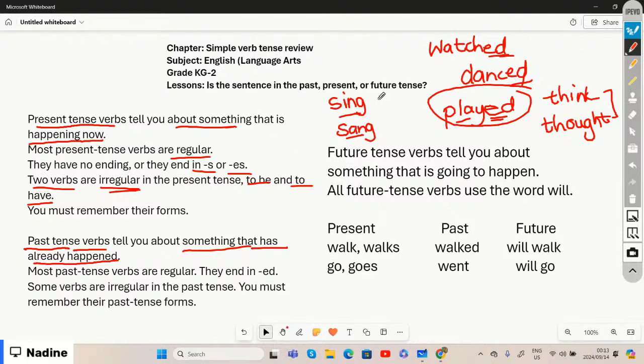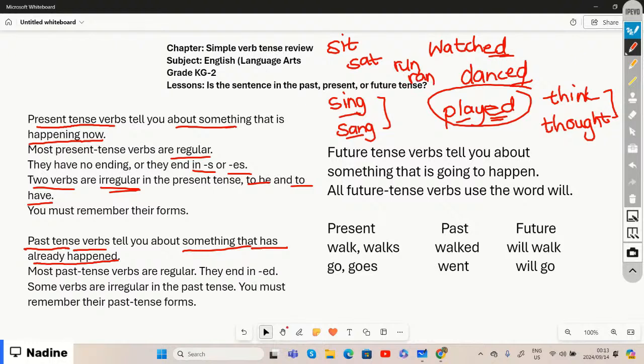Like, for example, sing and sang, sit or sat, think or thought. You're going to have to remember that the past tense of think is thought. You're going to have to remember that the past tense of sing is sang. You're going to have to remember that the past tense of sit is sat, or run is ran, for example, right?